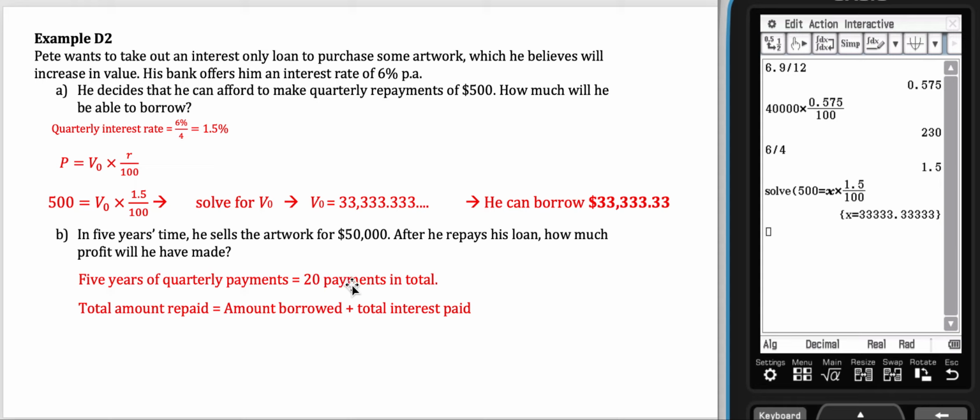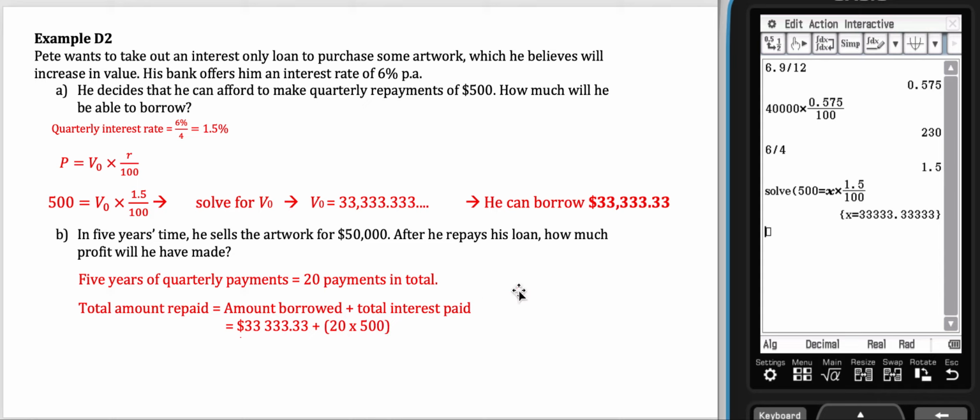But as well as paying off this interest over time, he's also got the amount of money he borrowed at the beginning. So the total amount repaid is what he borrowed at the beginning, which is $33,333, plus the total interest, which is 20 lots of $500, because remember that these repayments were interest-only payments. So every one of these $500 payments was just going towards interest, and he made 20 of them.